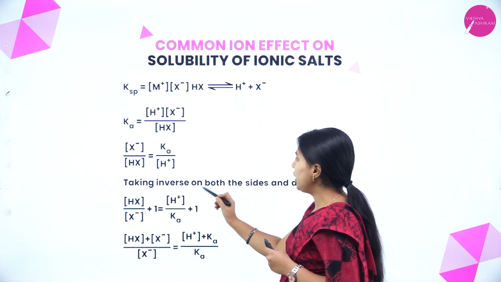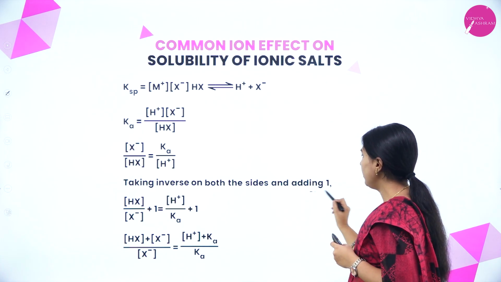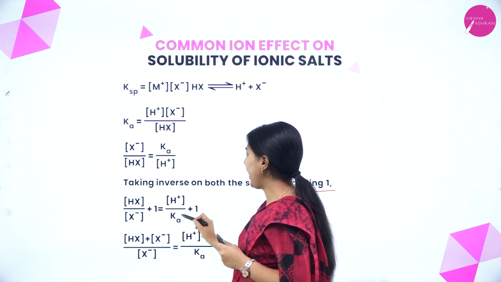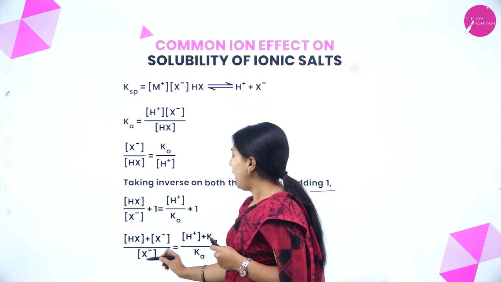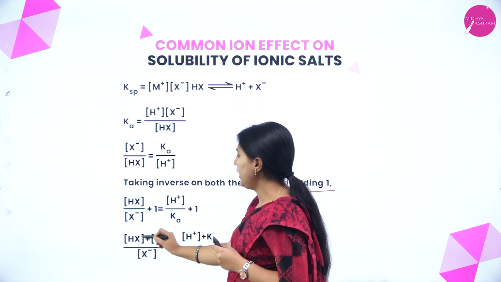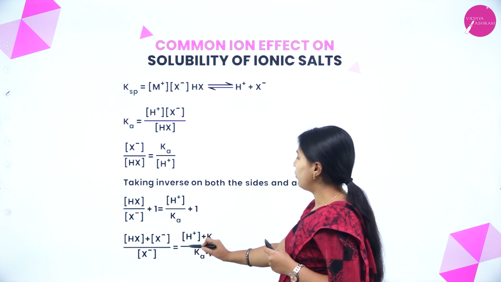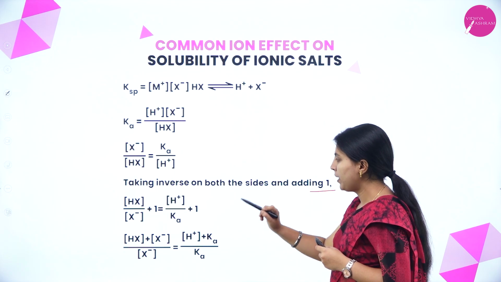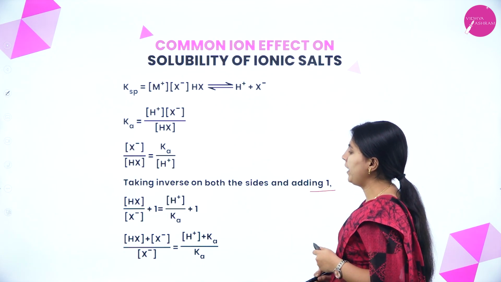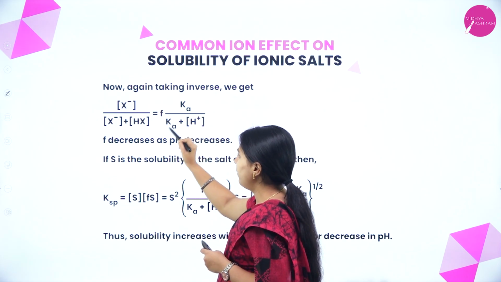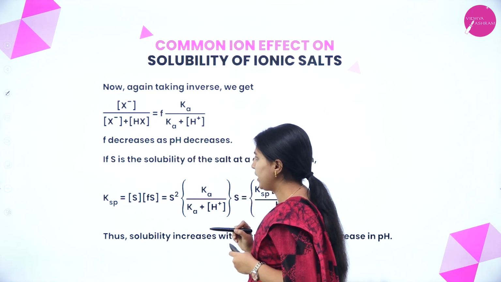Taking the inverse on both sides and adding 1, HX by X- plus 1 equals H+ by Ka plus 1. And you have to cross multiply: (HX plus X-) by X- equals the concentration of H+ plus Ka by Ka. Now again taking the inverse, we will get f. f decreases as pH decreases.